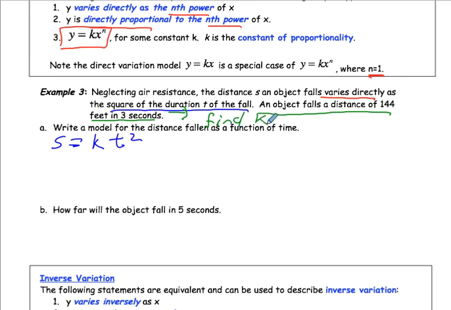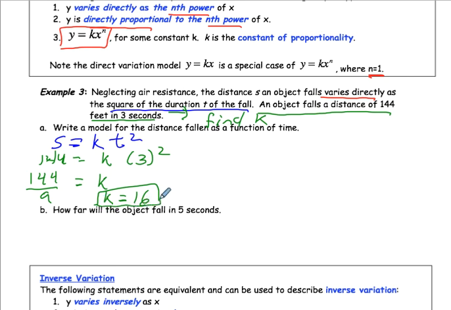So let's substitute that in. 144 equals k times 3 squared. So k is equal to 144 divided by 9, and 144 can be simplified, right? Because this is 12 times 12, so this is just 16. So k is equal to 16.